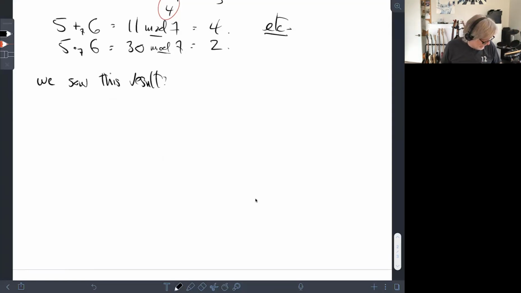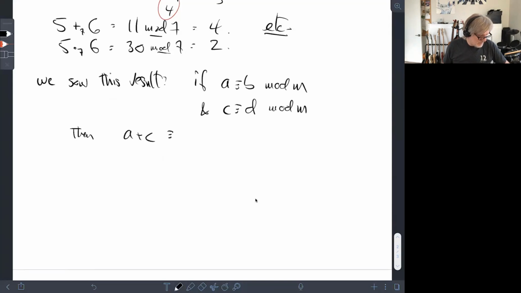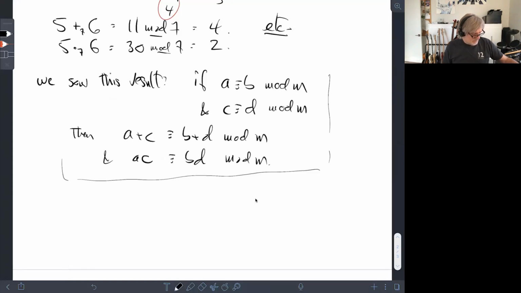So I'm going to just repeat the result, and I'm going to try to give you an intuition for it. If a is congruent to b mod m and c is congruent to d mod m, then a plus c is congruent to b plus d mod m. Notice this is not the sum in Zm here. This is just the usual sum. And it's the usual product: ac is congruent to bd mod m. So we saw this result here.